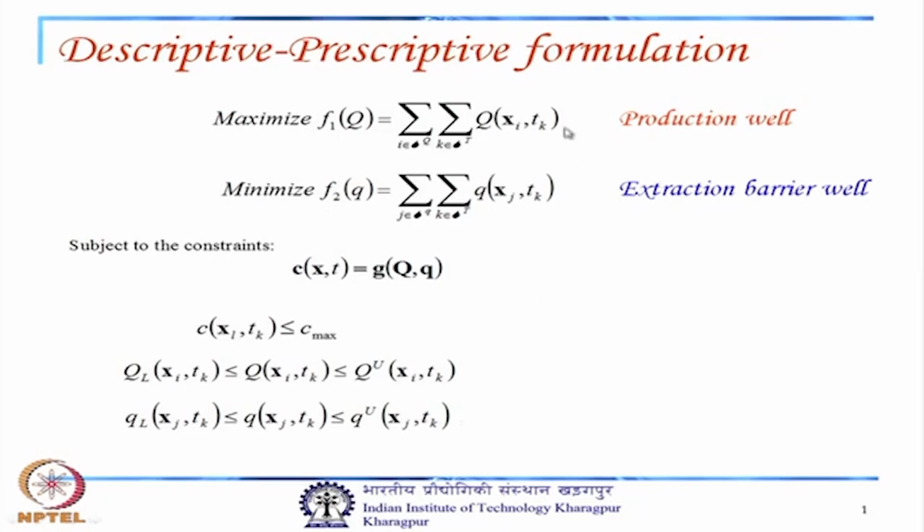For any flow and transport related problem, we can have one extra constraint, that is the concentration value should be below the specified concentration limit.